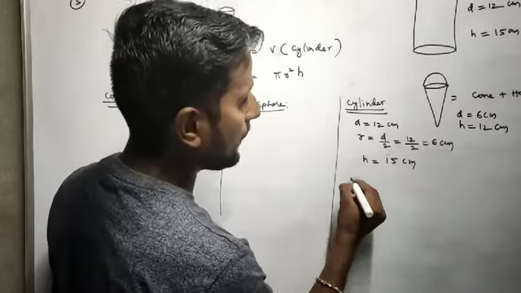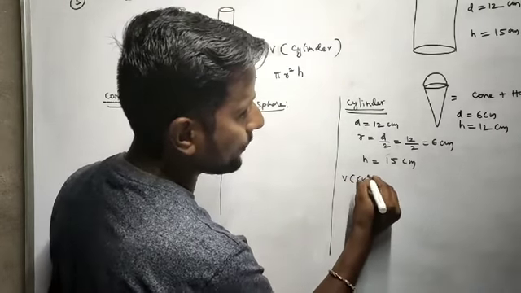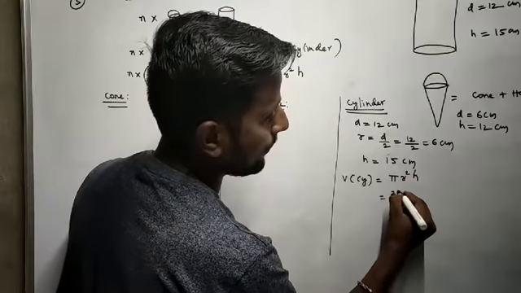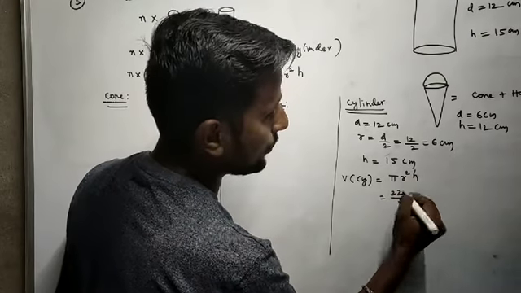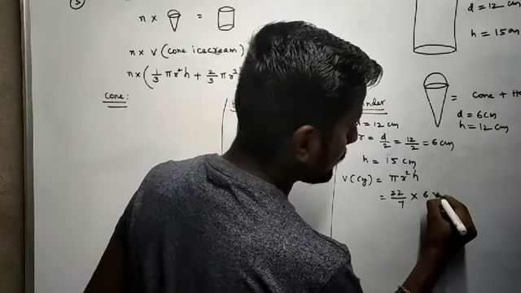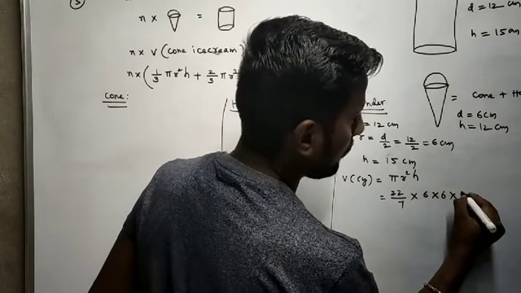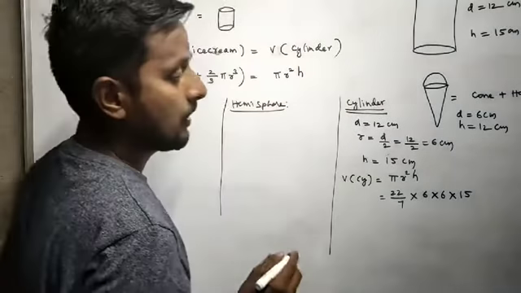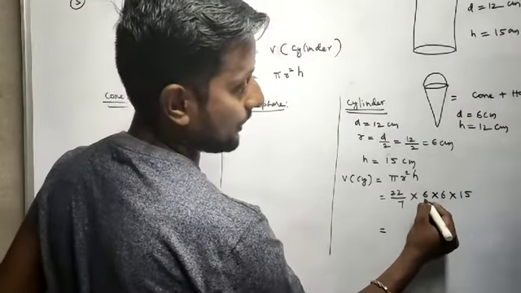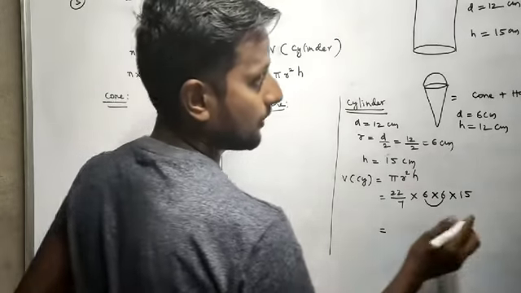So the volume of cylinder formula is pi r square h. We write 22 by 7 into r square, that means 6 into 6 into 15. 6 6s are 36.